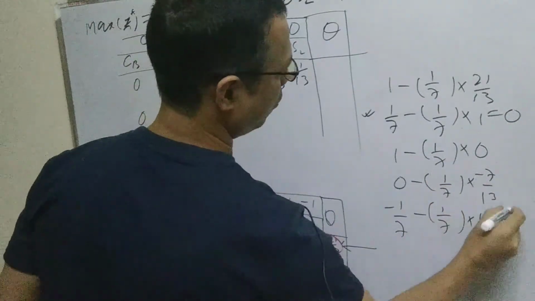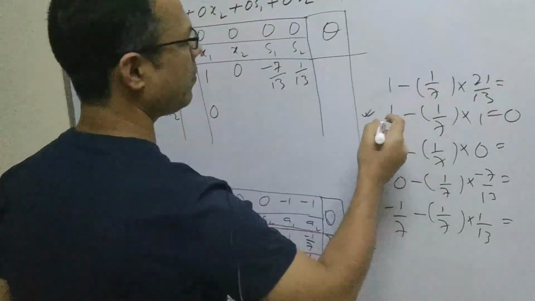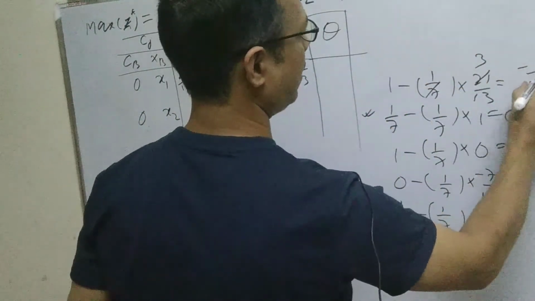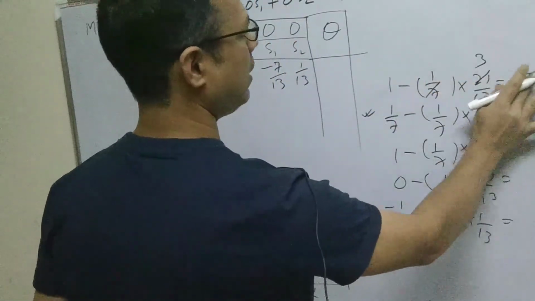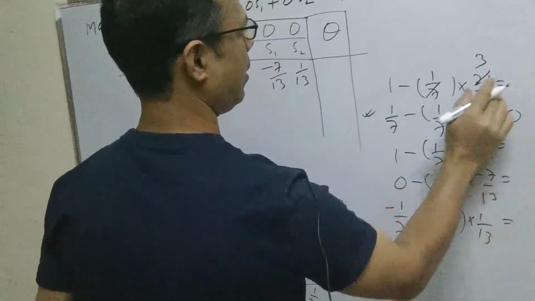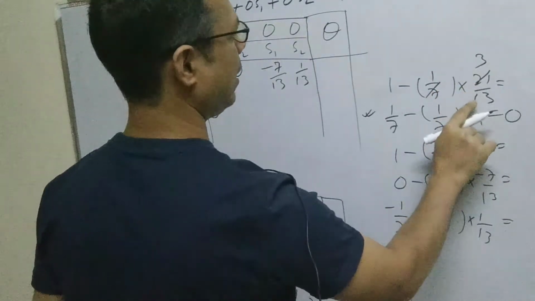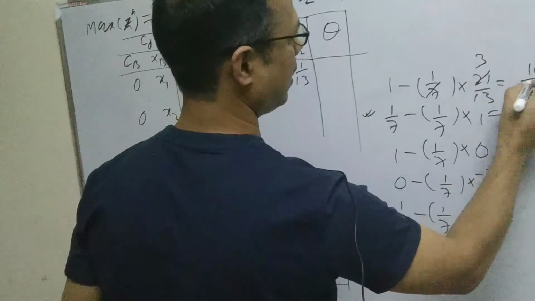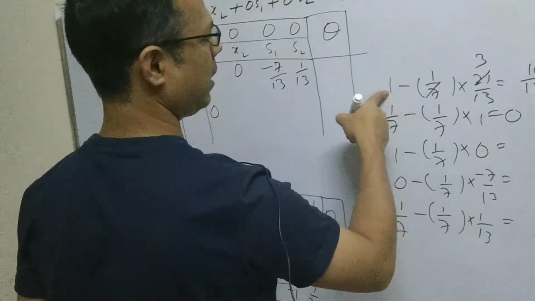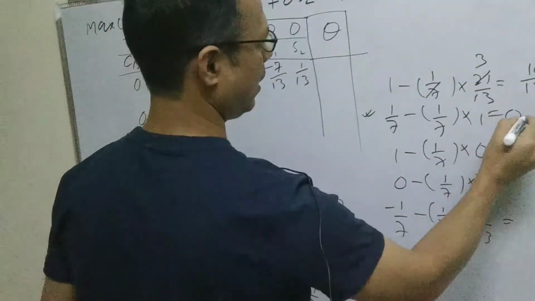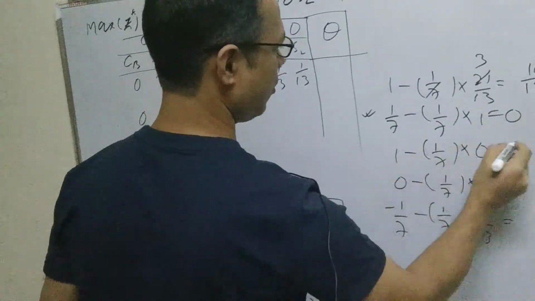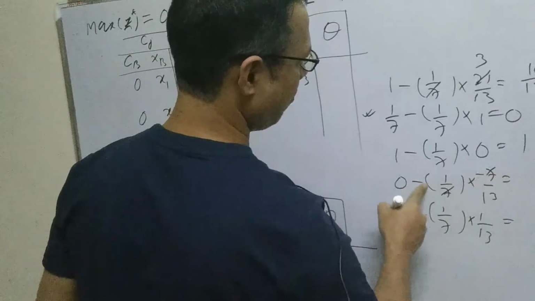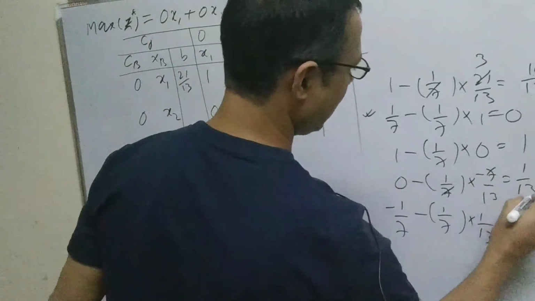We need to write in all the boxes: 7, 3, minus 3 by 13, 1 minus 3 by 13. So 13 minus 3 is 10, 10 by 13. Here 0, and here this term 0, 1. Here minus plus 7 is going to be cancelled. Minus plus 1 by 13.